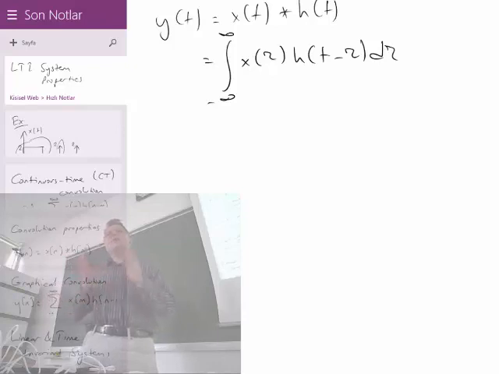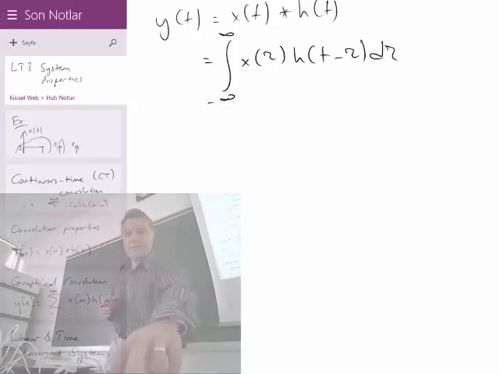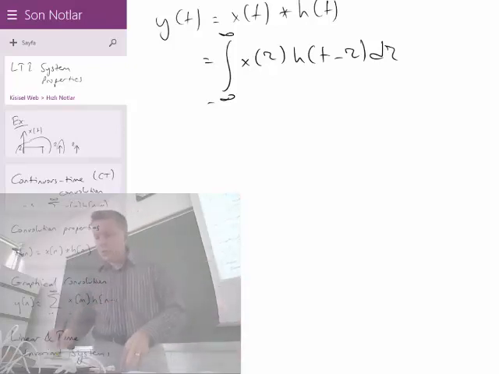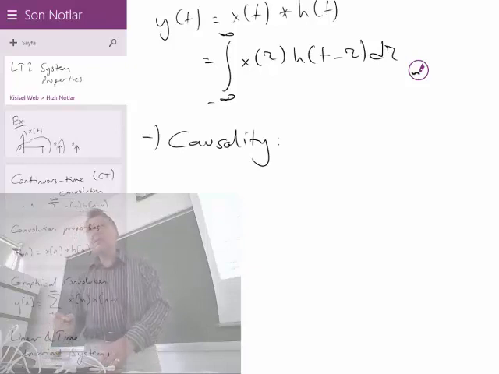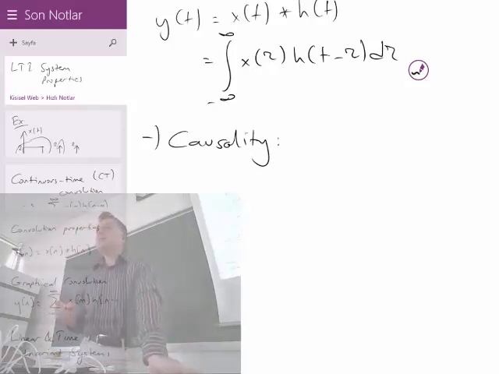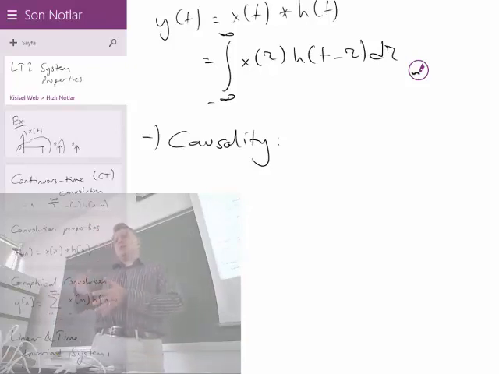But once we have those two properties, linear and time invariant, then we do have some very nice shortcuts to check, for example, causality. Is the system causal or not? How do we check this? For normal systems, it requires that the output must appear after the input.